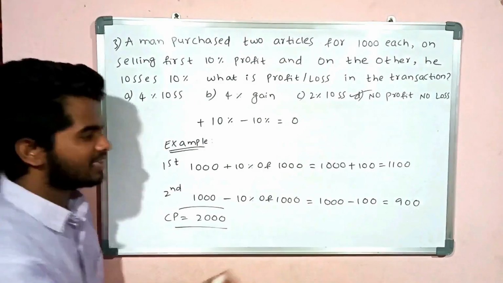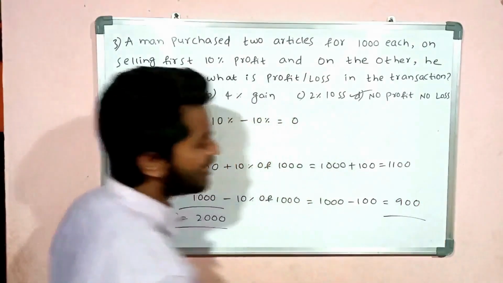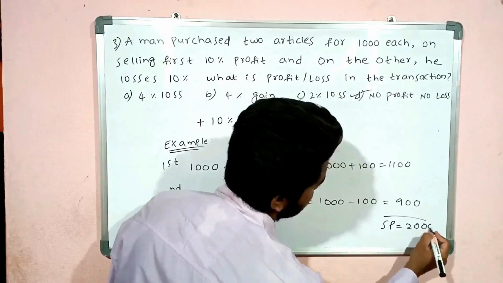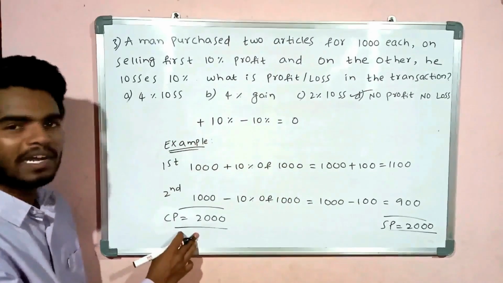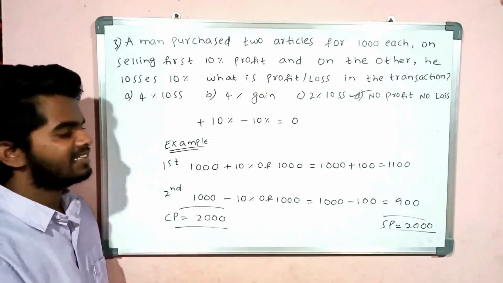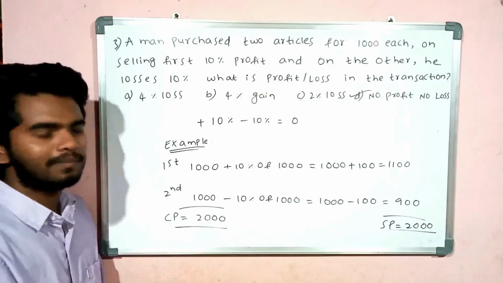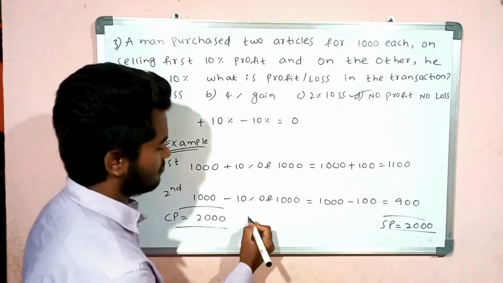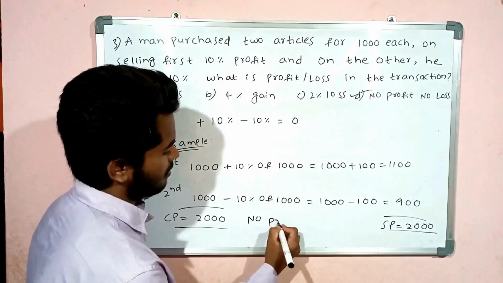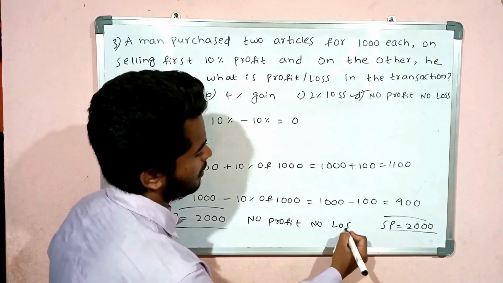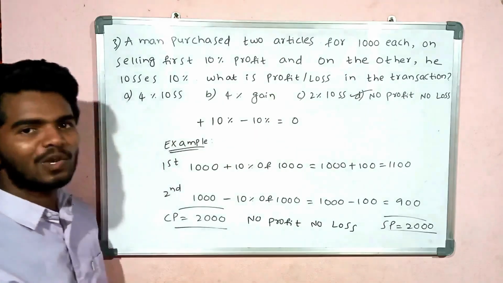His cost price is 2,000. His selling price is 1,100 plus 900, 2,000. Cost price and selling price are the same in both cases. So overall transaction is no profit, no loss.